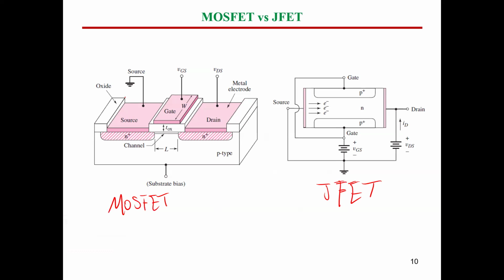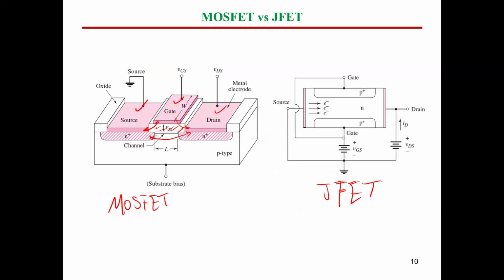As you can see here, the source is a metal, the gate is a metal part, the drain is a metal part as well, and here we have the oxide material. So you will have a capacitance between gate and source, a capacitance between gate and drain, and a capacitance between drain and source. All of these are capacitances.